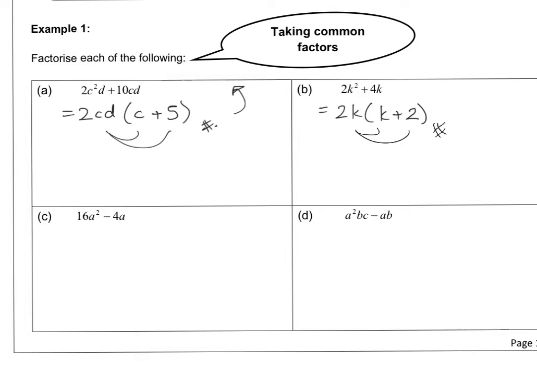Next. What's the common largest number there? 4 and also A. So what's left behind first one is 4A minus 1. Okay? Also take into consideration your positive and negative signs. Next one. Clearly A and B is the max. And what's left? A, C. What else?